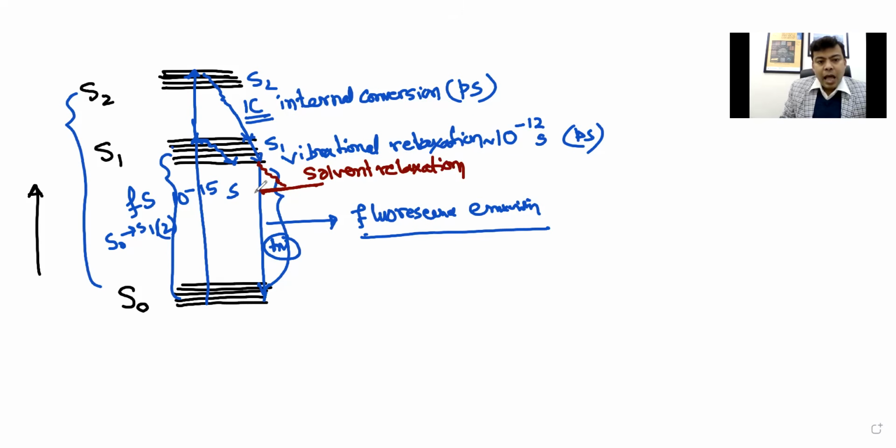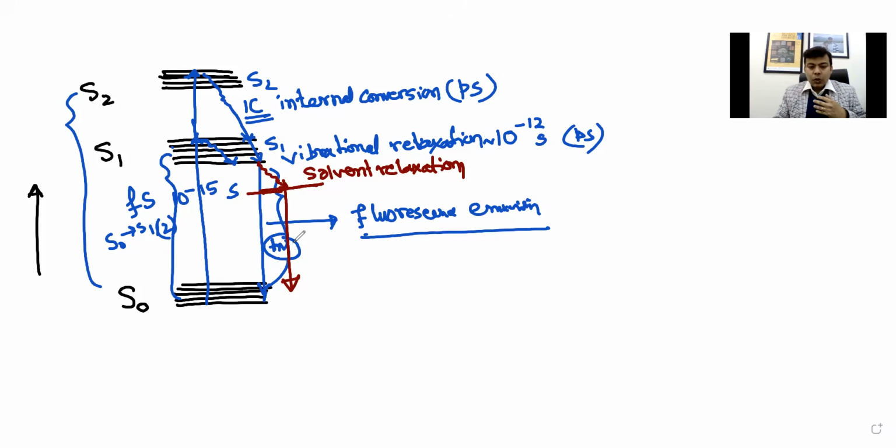If the state comes down by the solvent relaxation mechanism, then the photon that gets emitted is even lower in energy. Therefore solvent relaxation will make it even more redshifted. And this is why you see the so-called Stokes shift in fluorescence emission.